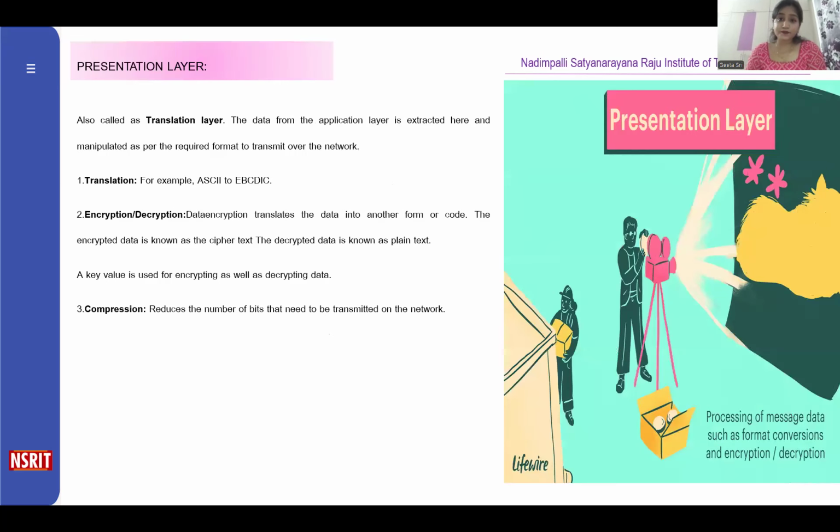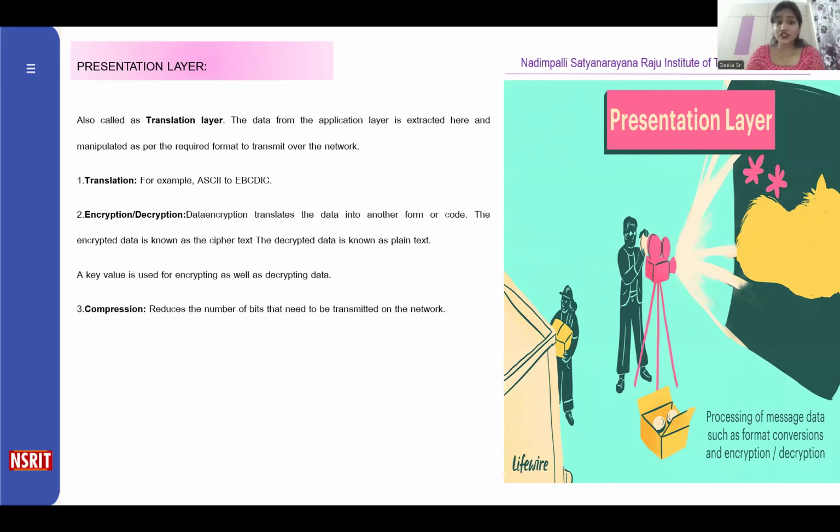Next one is the presentation layer. As I already said, during communication, the data should be encrypted and decrypted. The data should be encrypted on the client side and decrypted on the receiver side.